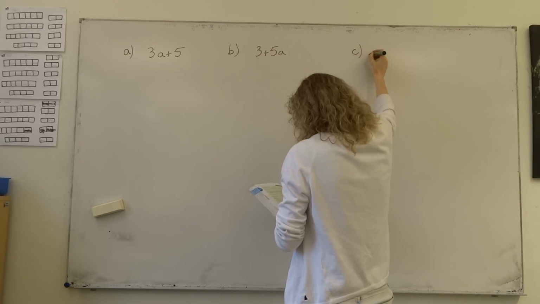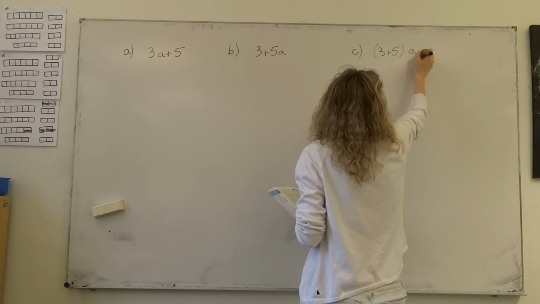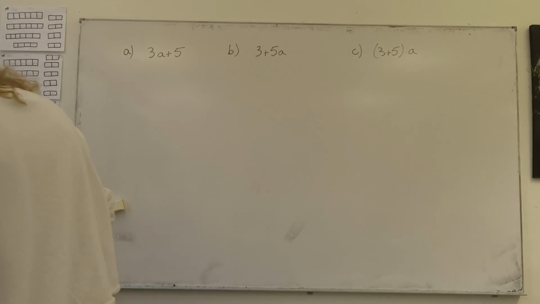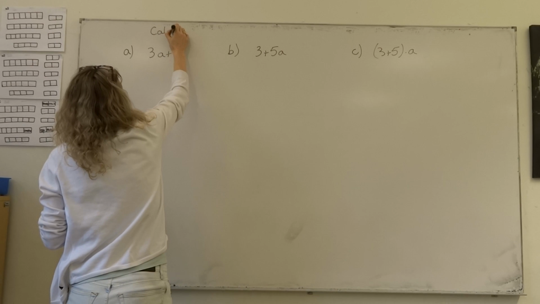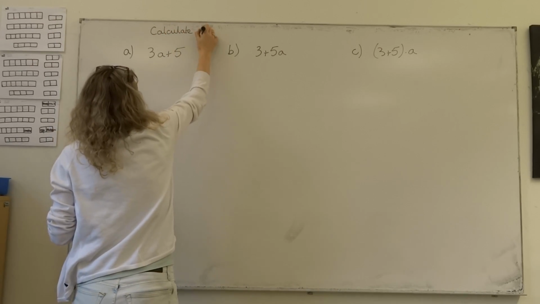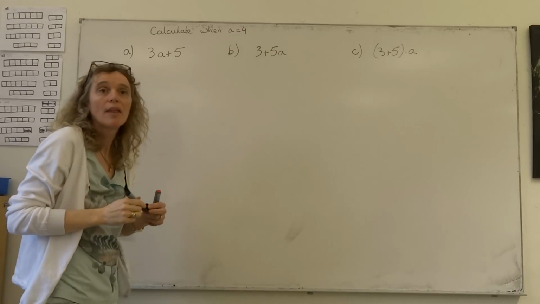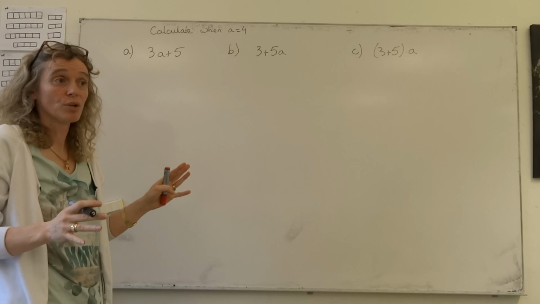And for C, we have (3 plus 5) times a. And in a way, the importance of BODMAS comes back here. And then they're telling us, calculate when a equals 4. And they really want to show you how important it is with the priority rule here.